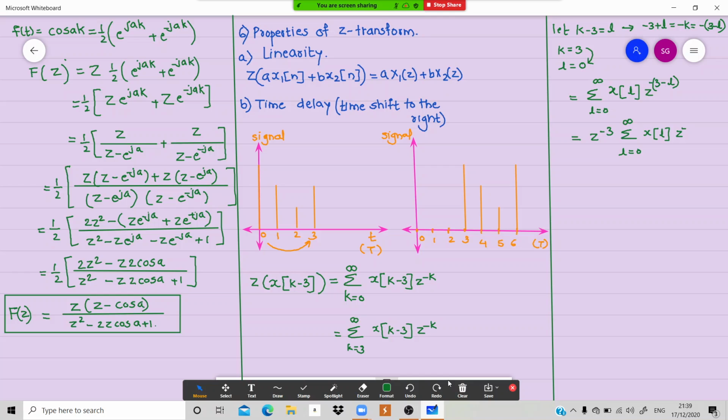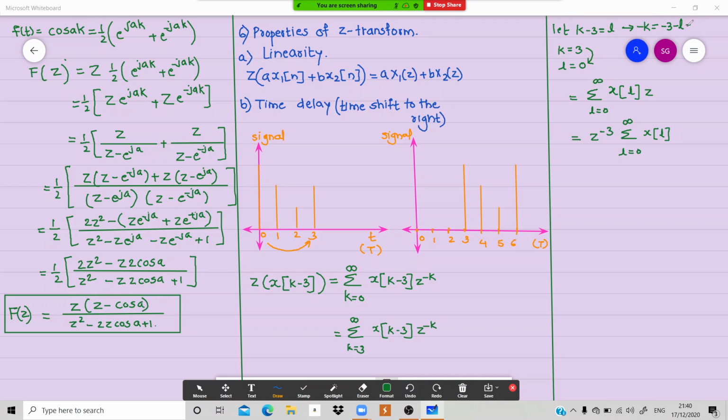Just a minute, I made a mistake over here. That's what I was thinking, why I'm not getting a plus sign over here. See, once again I'll repeat the thing. You are having this L, so if I'm writing minus K, then I will have minus (3 plus L).